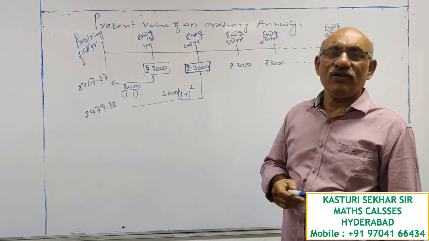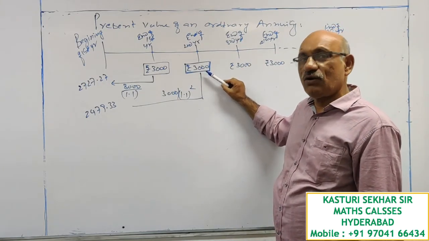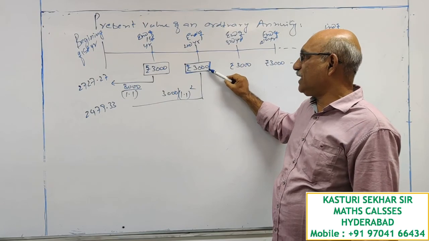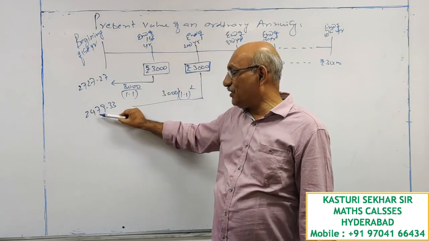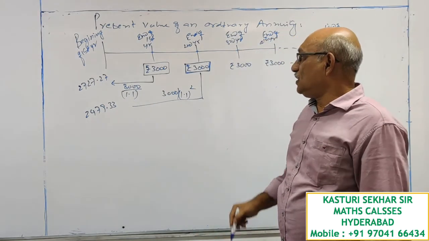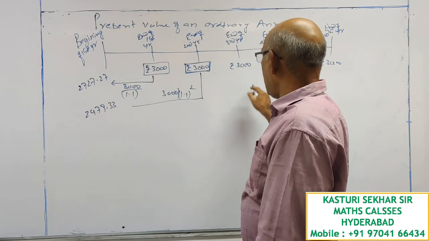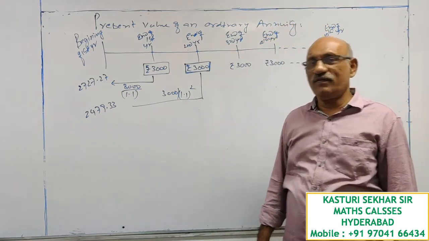The same thing you can say this way also. When 3000 rupees is due after 2 years, its present value is 2479. This way, every payment value you can compare with today. That is called present value.